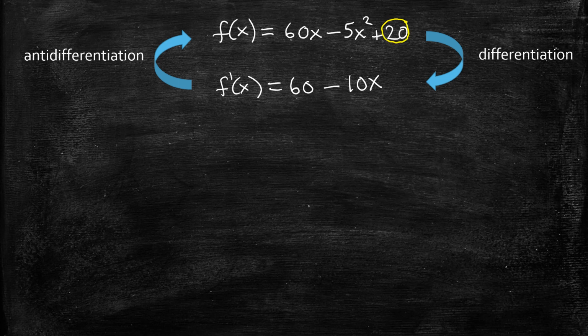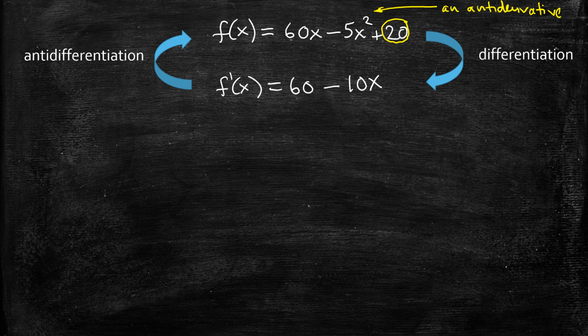We realize it could be other numbers. So we say that this particular example we came up with for what f of x could be, we call it an antiderivative. And we achieve that in the process of antidifferentiation.